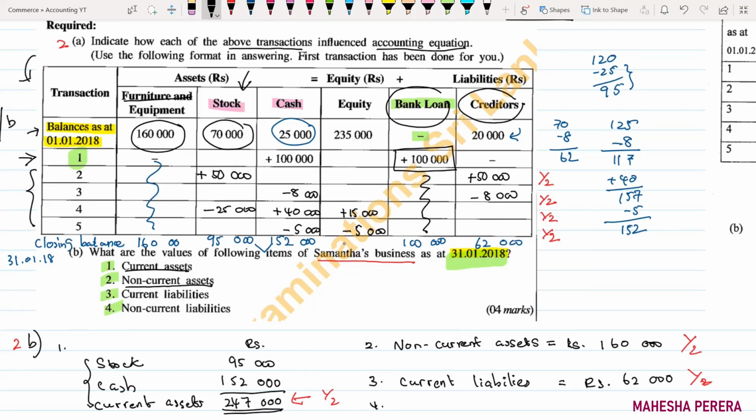So again, we'll write the fourth one, non-current liabilities, 100,000 rupees. Half a mark again. So altogether 2 marks for B, and for the full question, you are getting 4 marks. Okay?